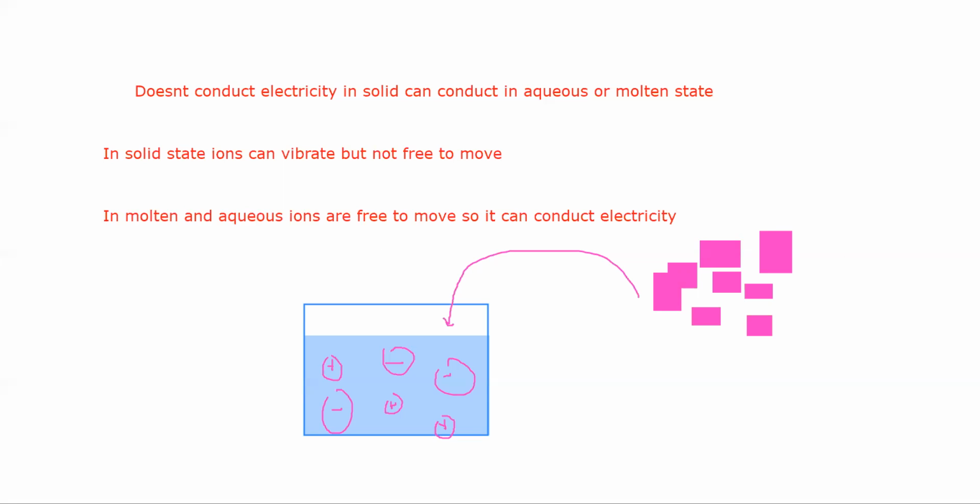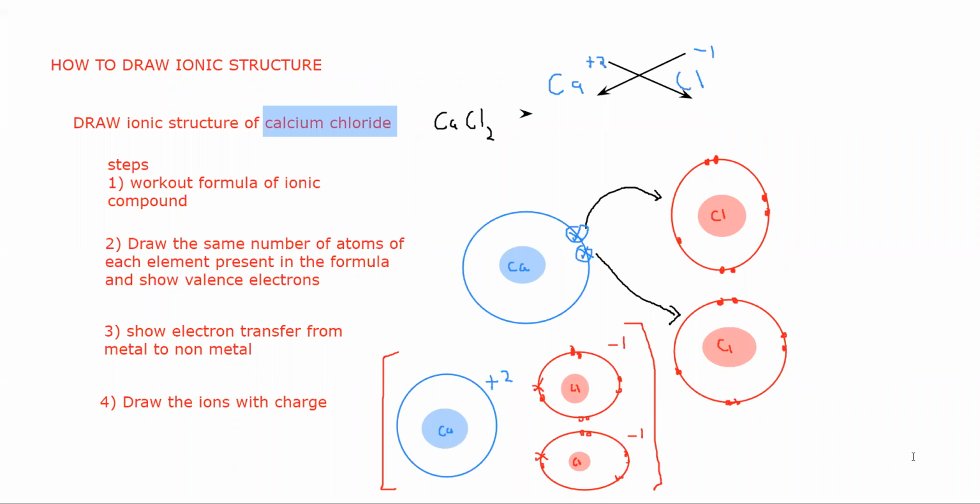Now I will give you some questions. You have to draw the ionic structure of those compounds and send it on the group. This is related to the first part which I explained in the beginning, showing the transfer of electrons.